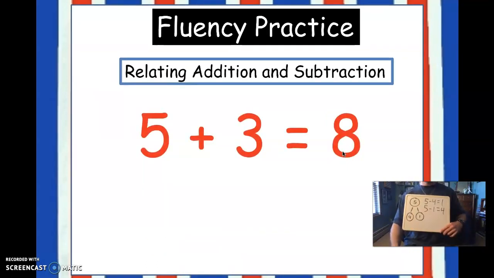Try and do this one on your own, and I will put up the two number sentences, and I'm not going to walk you through this one. All right? So try this one on your own.